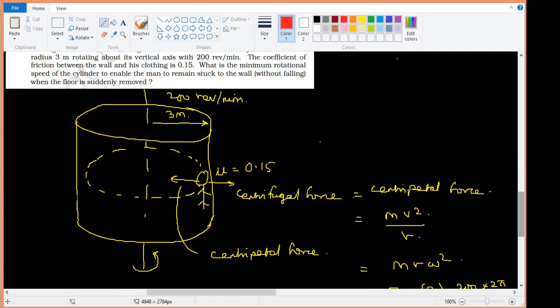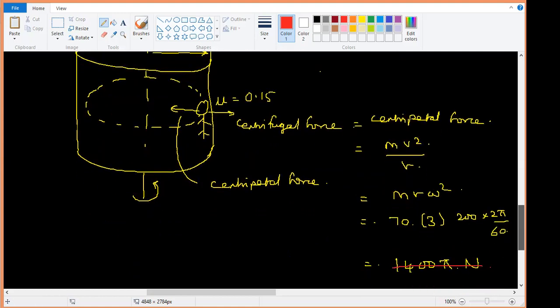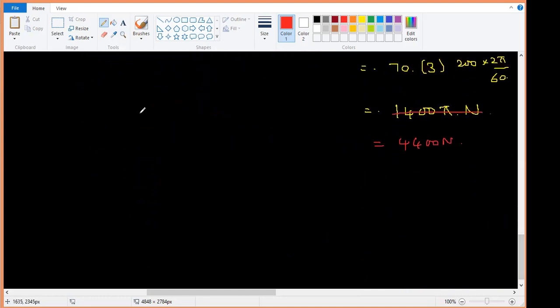So see how we can do this problem. I calculated the centrifugal force, which means the normal reaction force is going to be in this way. Okay, so let me redraw this diagram one more time.